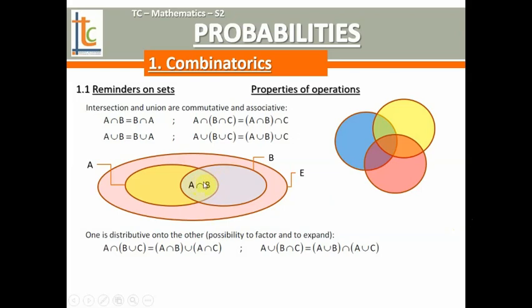It's A intersect B, of course. But what would be the name of this yellow part? You're talking here about women that are under 18. So A and not B: A intersect B bar.